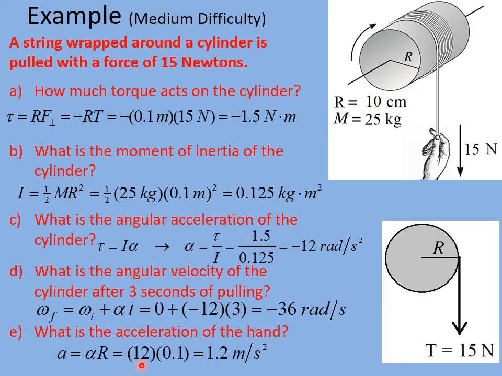I'm finding the magnitude of the acceleration now, so I didn't include the minus sign. I'm just going to use 12 and multiply it by the radius, which is 0.1 meters, and I get 1.2 meters per second squared. Obviously, this acceleration is pointing downward because that's the direction that the hand is moving.